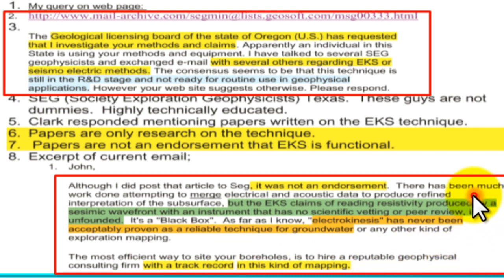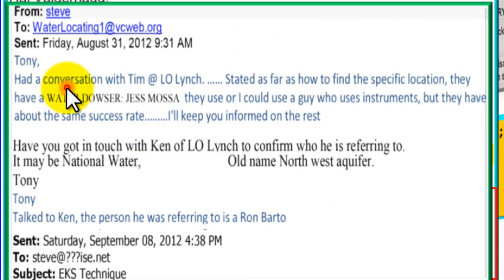You can tell by the articulation that an educated person wrote this. A client had a conversation with L.O. Lynch, stated as far as how to find a specific location in reference to drilling a well.